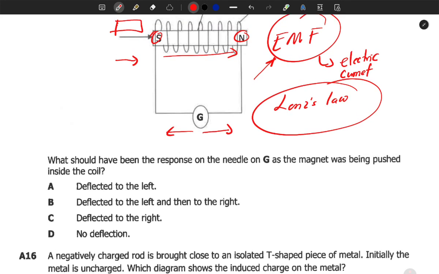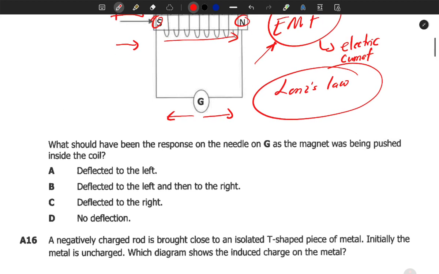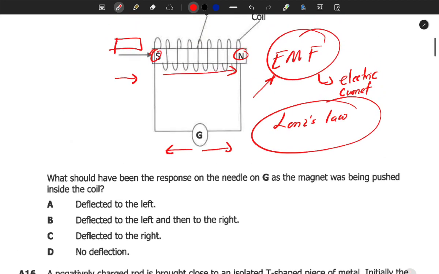Without going much into details, as the EMF gets induced, electric current is produced, and that current should flow in the opposite direction. So you might expect this galvanometer to deflect to the right, but no. According to Lenz's law, it should flow in the opposite direction so as to oppose the change that caused it.